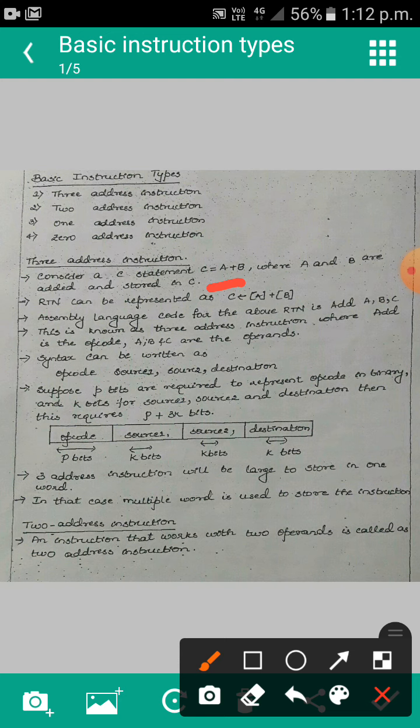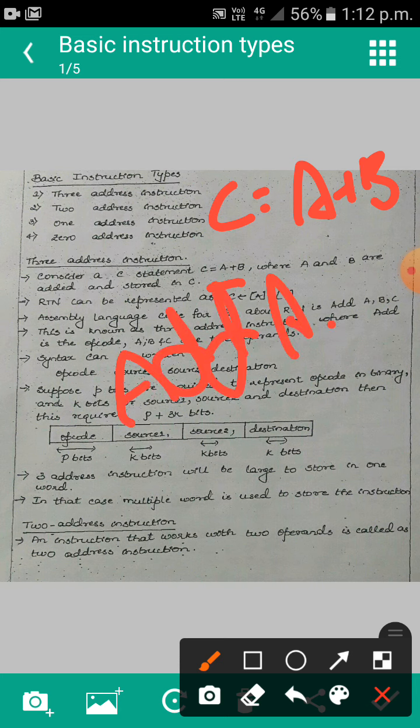This is a high level language. If you convert that into assembly level language, how do we write it? Add A comma B comma C, like that. Now in an assembly language like code, we write like this. Now this is 3 address instruction.